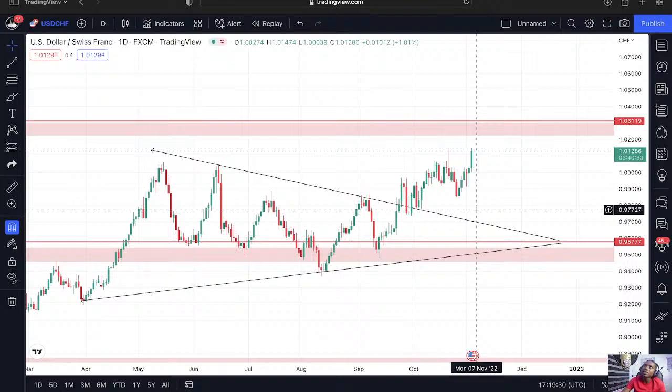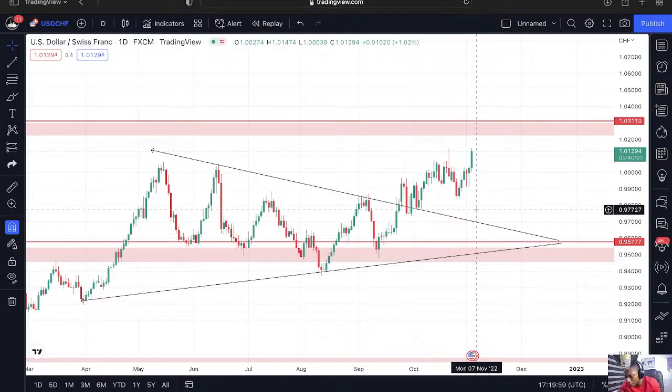If you are a scalper, you want to make profit in a few minutes, then you are looking at the 15, 30, and 5 minute time frames. So your style of trading will tell what time frame is best for you, what time frame suits your style of trading.